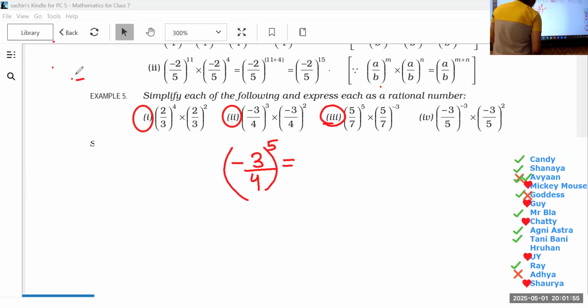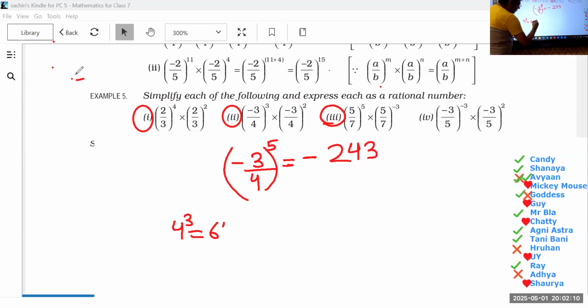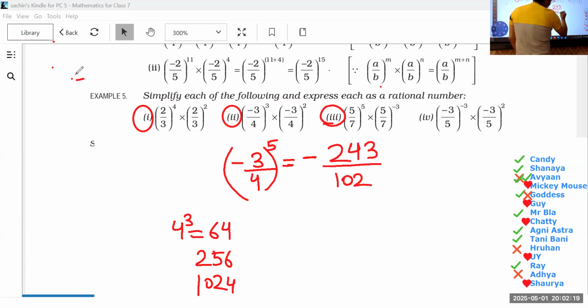So I know that first of all my answer is going to be negative because my power is odd. So 3 cube is 27, then 81, then 243. So it is going to give me 243. Then 4 cube is 64, then it is 256, and then it is 1024. So I will get minus 243 upon 1024.